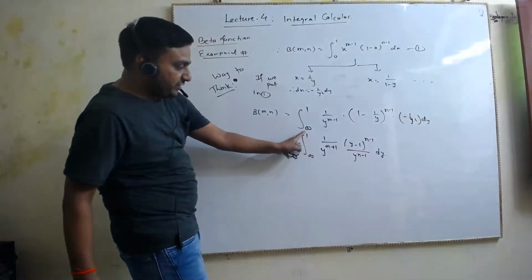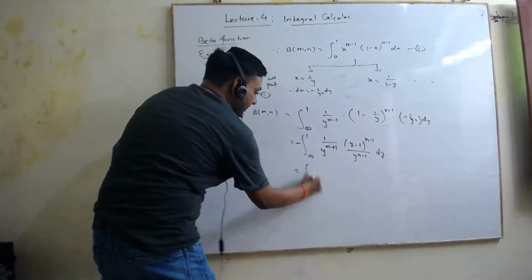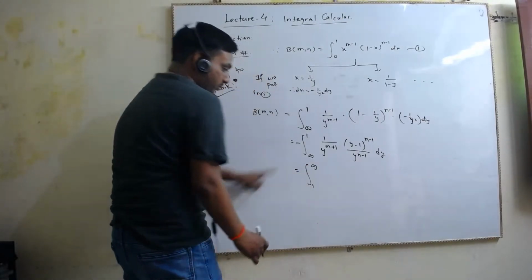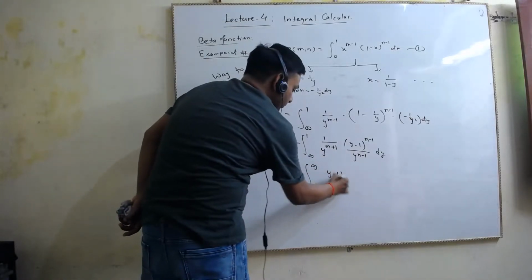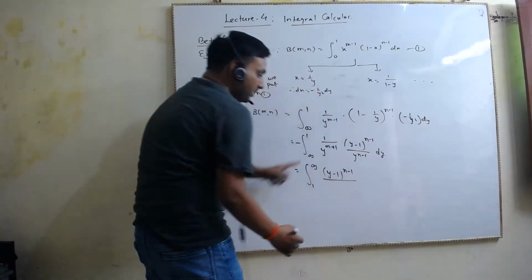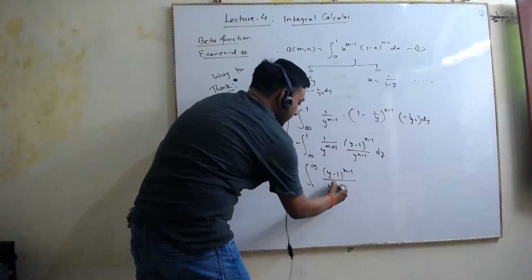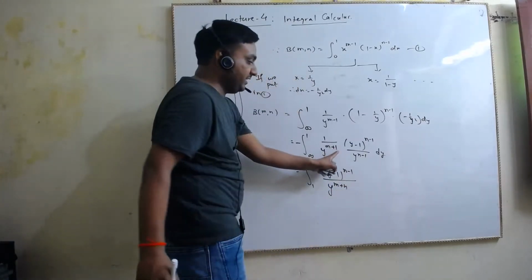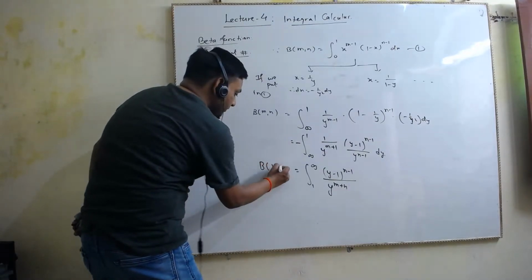So if I change the order of limits of integration, this minus sign can be written as positive. So 1 to infinity, this will become y minus 1 to the power n minus 1 divided by y to the power m plus n, right? This one got cancelled. So what do you have, my dear fellows?